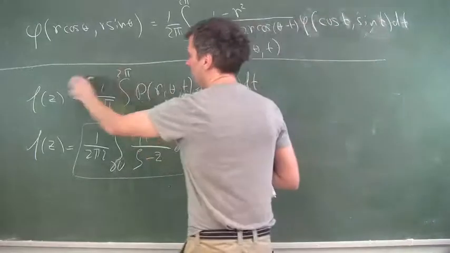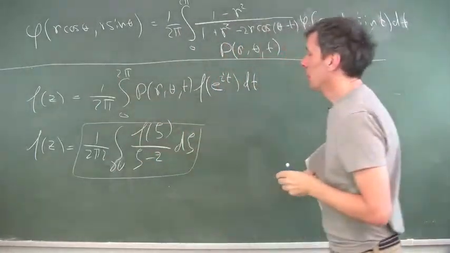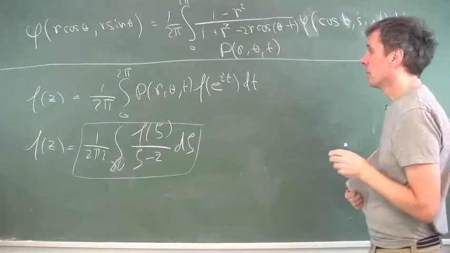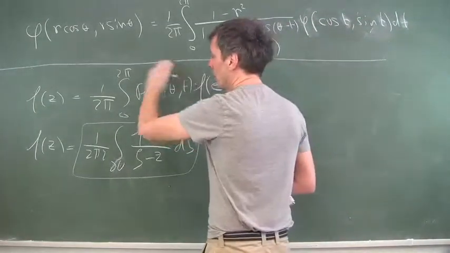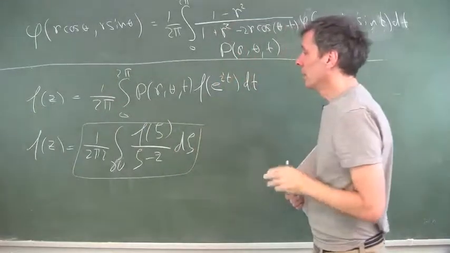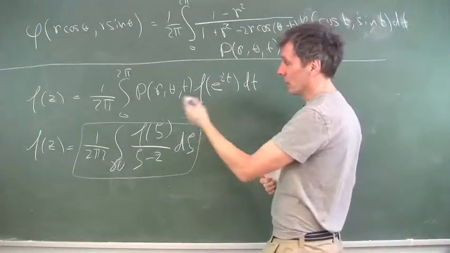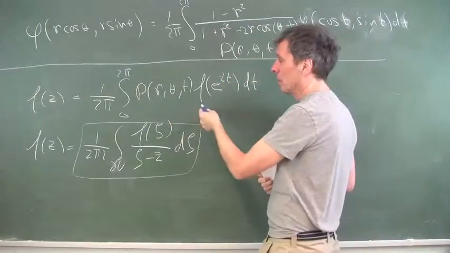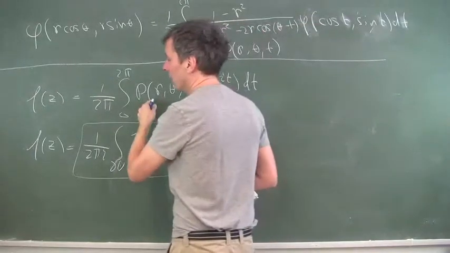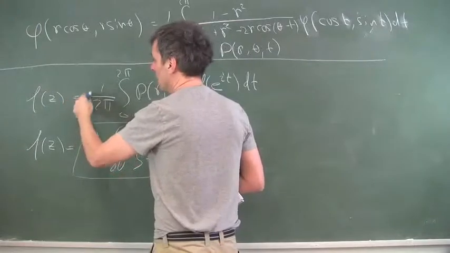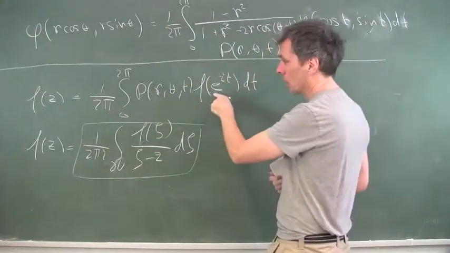But what happens if you use the Poisson formula instead? Well, the Poisson formula will always reproduce a function which, as it turns out, is harmonic, and it will agree with a given function on the boundary.